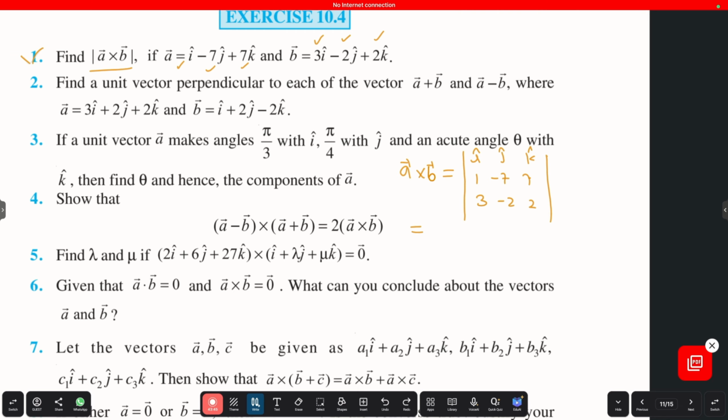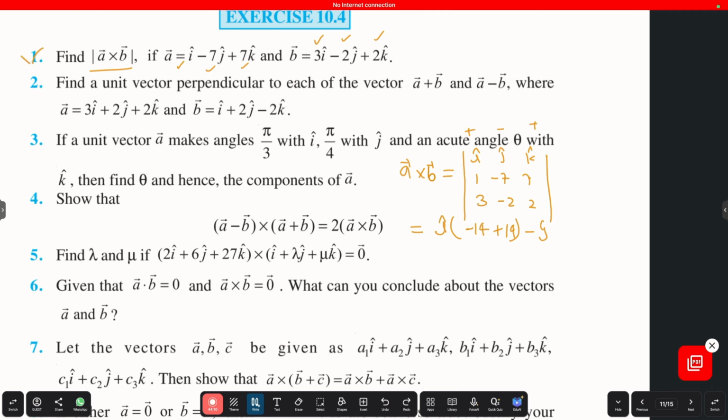So what is A cross B value? Open along the first row. How to open along the first row? As usual, I cap, after that 2 into minus 7, minus 14. Then minus and this minus, plus 2 into 7, 14. Then after that, sign convention, do you know, along first row? Plus, minus, plus.